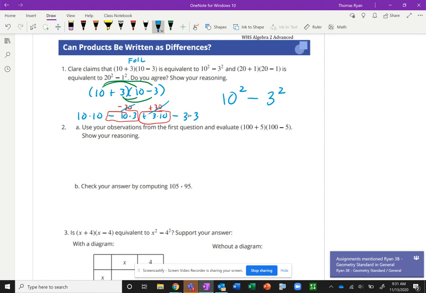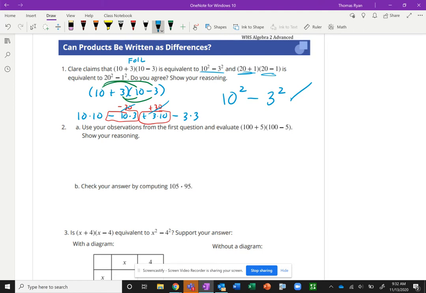Okay, so it does check out. These are, in fact, equivalent. And of course, I know this is 100. 10 squared is 100 and 3 squared is 9. But we're just trying to preserve this pattern here, and you'll see why. We could do the same thing for this case, but let's just assume the pattern follows, because it does. So let's use that same method to think about, well, what would 100 plus 5 times 100 minus 5?